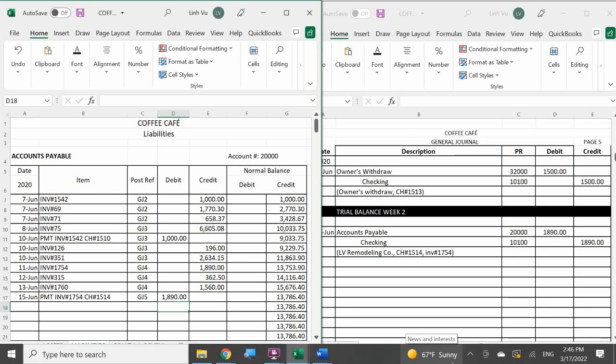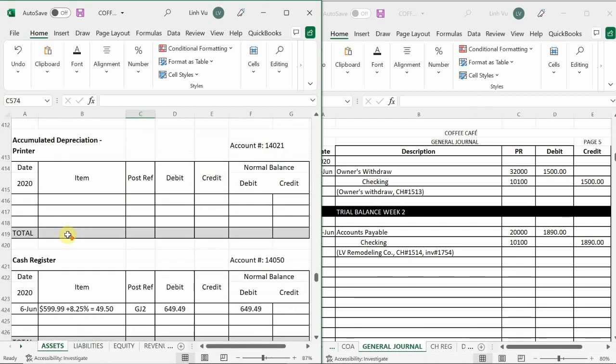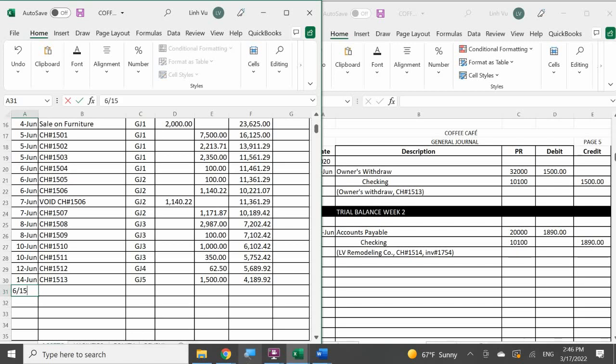Now, I used a check, so I need to update my checking account. What am I going to put in my description here, or my notes? Check 1514.